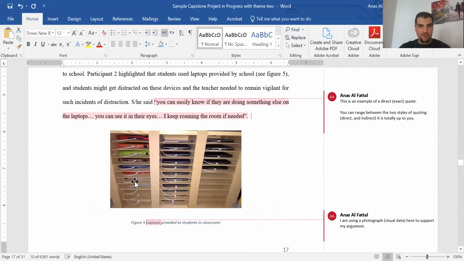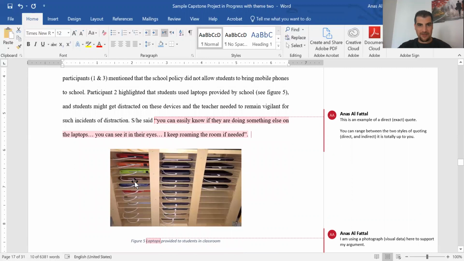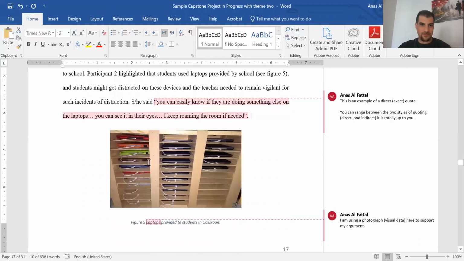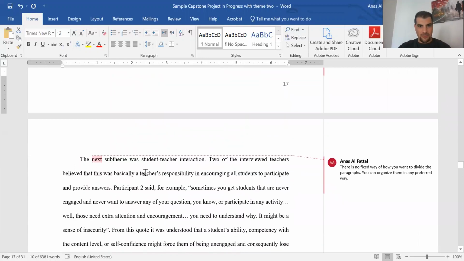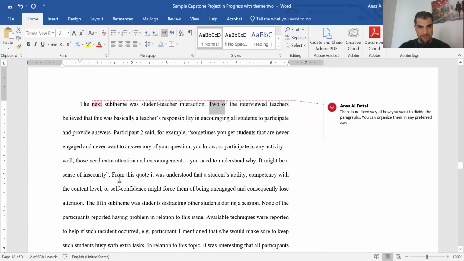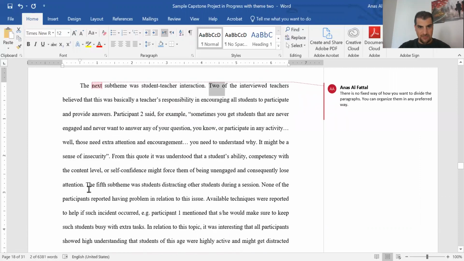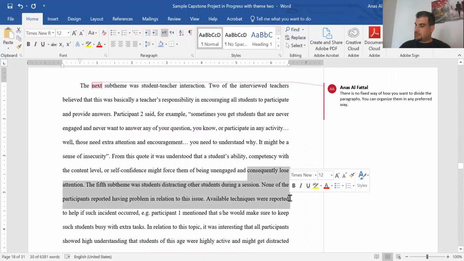They might go off with a laptop or a tablet. The next sub-theme was teacher interaction. Again, two of the teachers believed this. The fifth sub-theme was students distracting other students. None of the participants reported distraction.